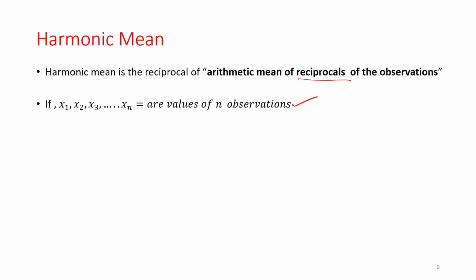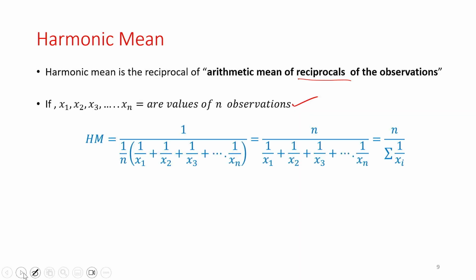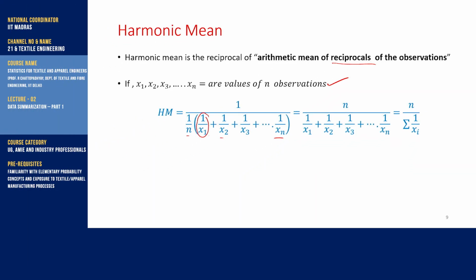They can be, suppose, fineness of fibers. And in that case, the harmonic mean will be 1 divided by 1 upon n, 1 by x1 plus 1 upon x2 plus 1 upon x3 up to 1 upon xn. These are the reciprocals of the observations. 1 upon x1 is the reciprocal of the observation. So we are summing them up: 1 upon x1 plus 1 upon x2 plus 1 upon x3, all the reciprocals are added together and we are trying to find out the average.